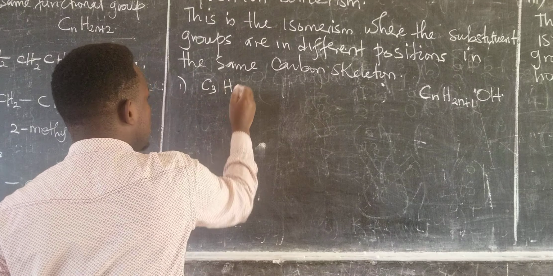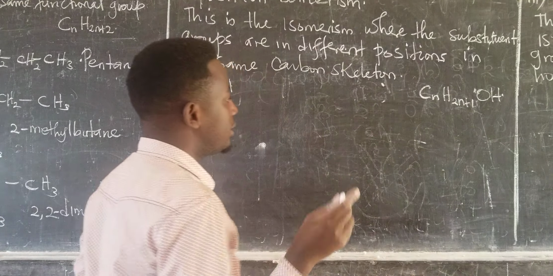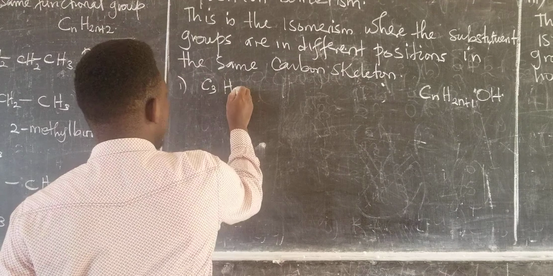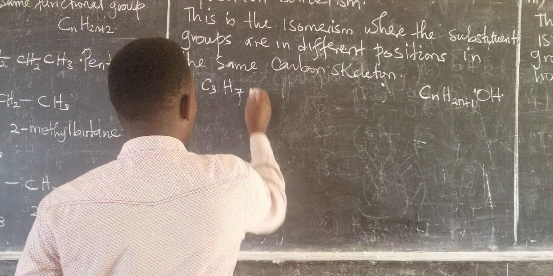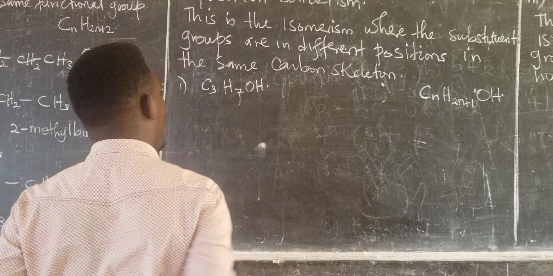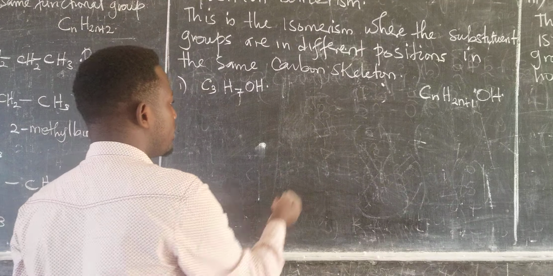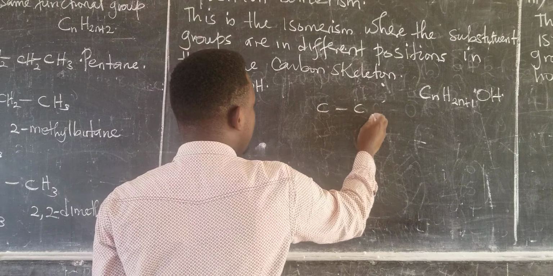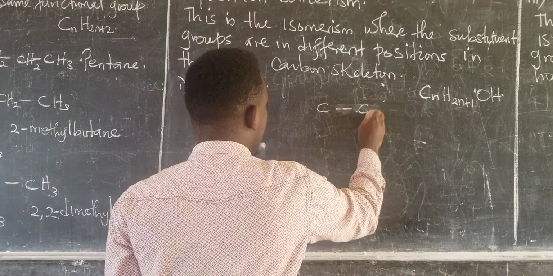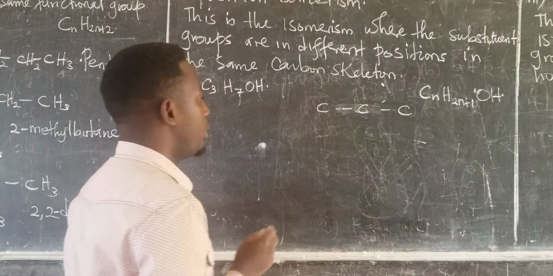C3H. That would be 2 times 3, that is 6, plus 1, 7. H7, then OH. C3H7OH. So if I am to come up with isomers, of course there are 3 carbon atoms. As you can see, there are 3 carbon atoms.